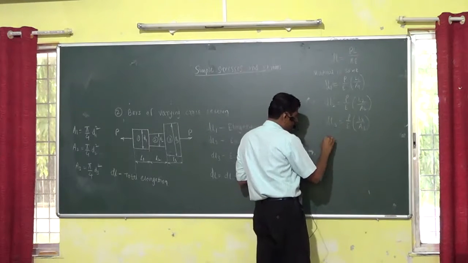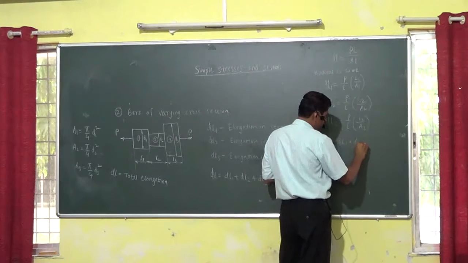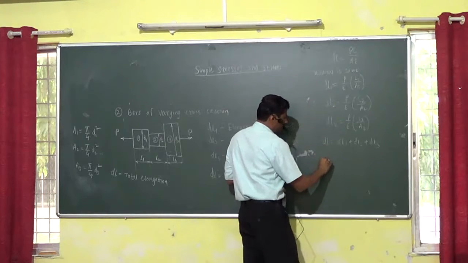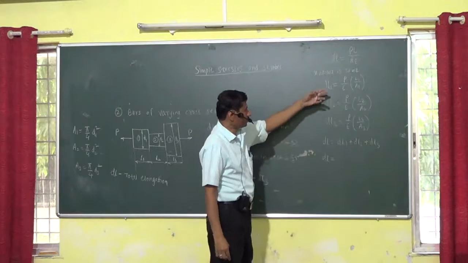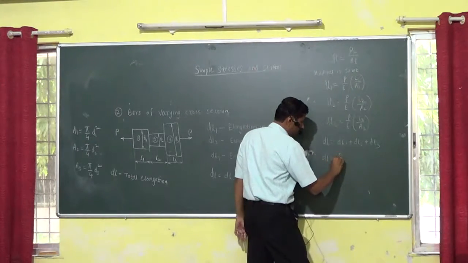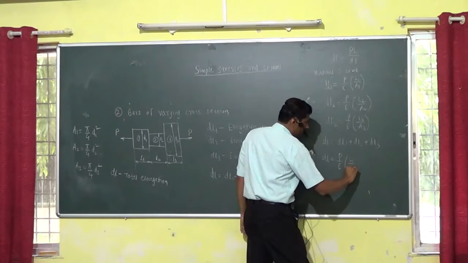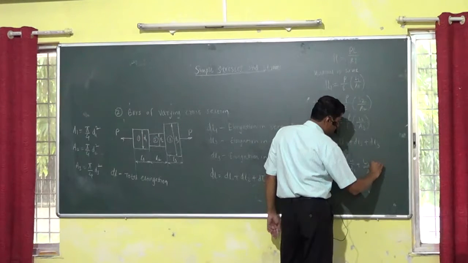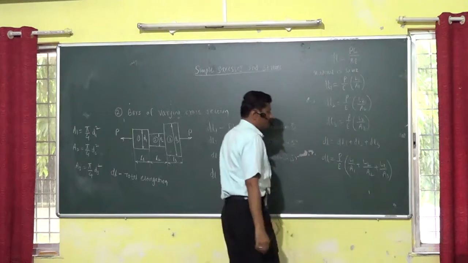Then DL is equal to DL1 plus DL2 plus DL3. We write that the total elongation of the bar will be the addition of these three equations. If we take P upon E as common from all of them, this becomes L1 upon A1 plus L2 upon A2 plus L3 upon A3.